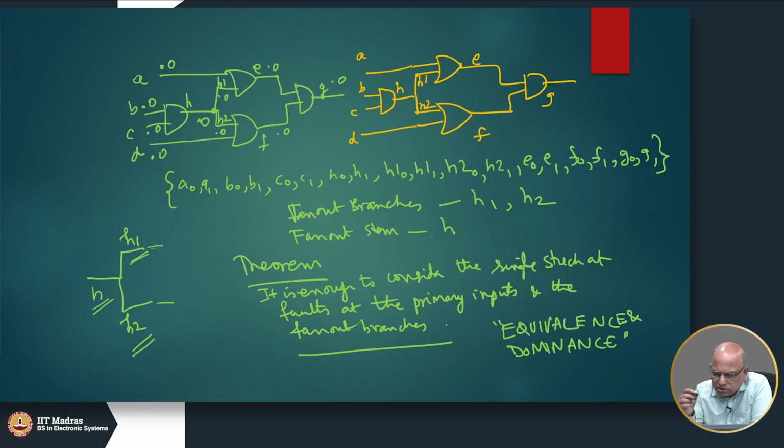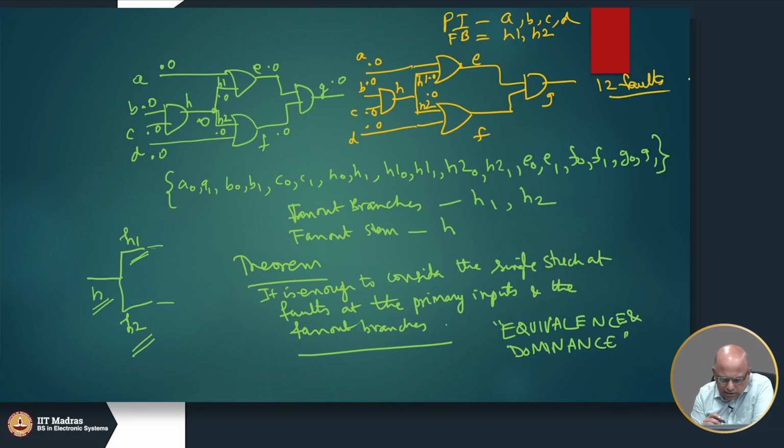It says that it is enough to consider the stuck at faults at the primary inputs. So, the primary inputs are A, B, C, D. The fan out branches are H1 and H2. So, it is saying that it is enough to consider the stuck at 0 and the stuck at 1 at each of these. So, it boils down to about 12 faults.